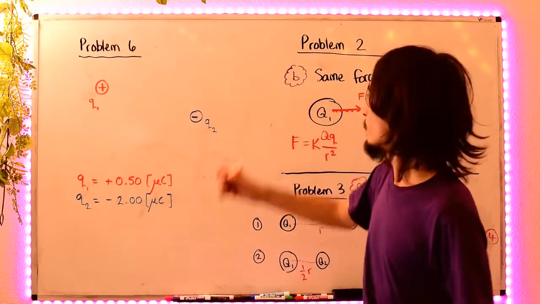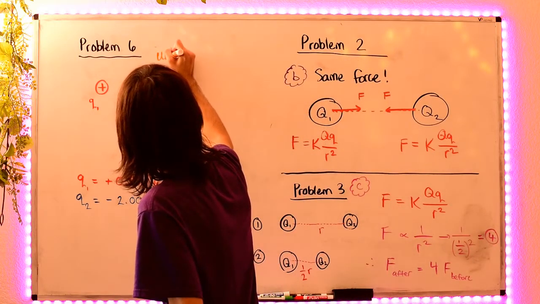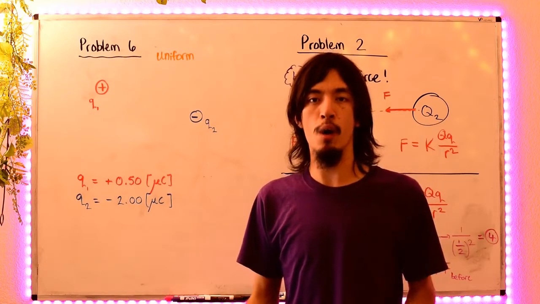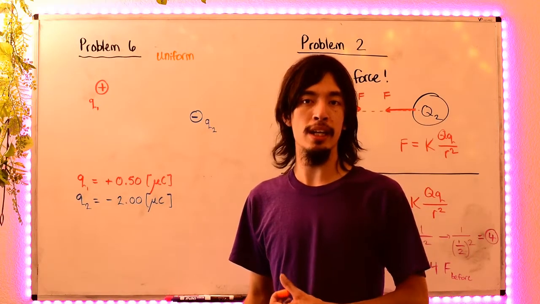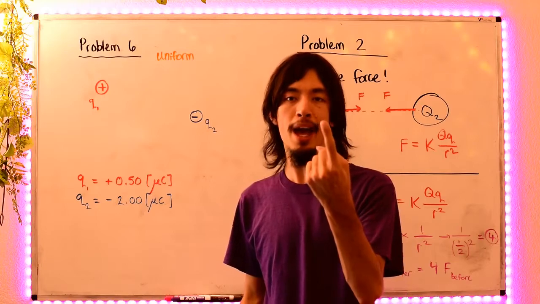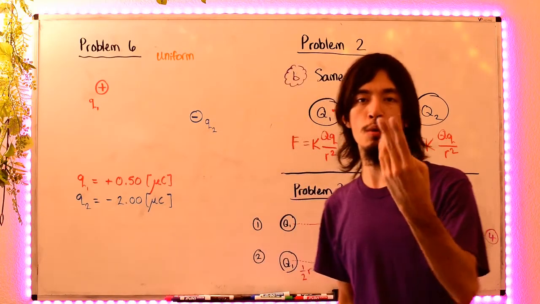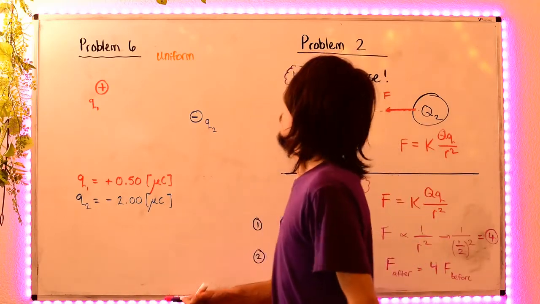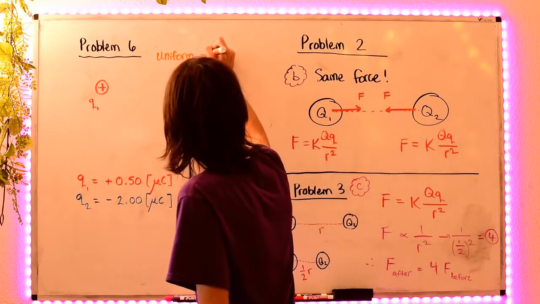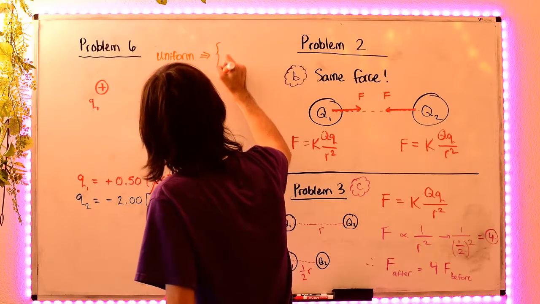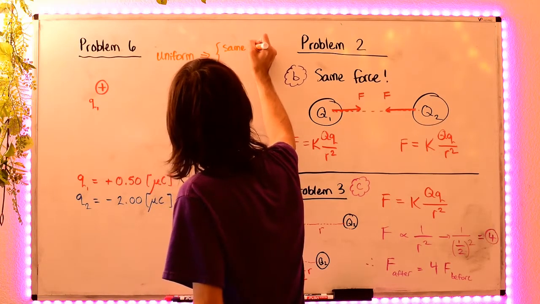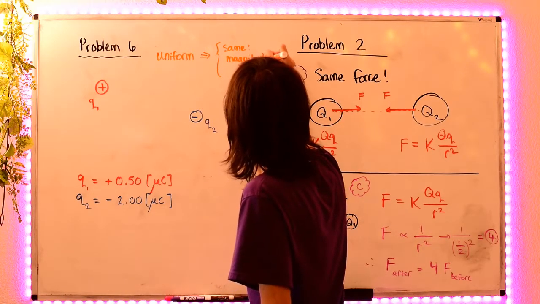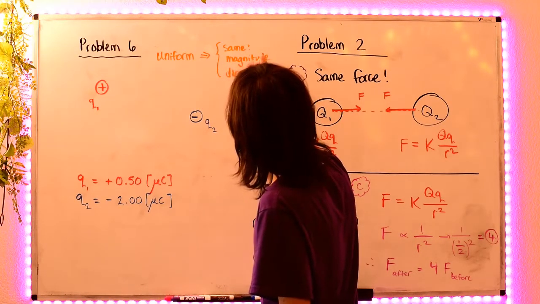The word uniform, in terms of anything that is a vector quantity. So a vector quantity meaning that we have something that has a magnitude and a direction. So electric fields have a magnitude and a direction. So uniform implies that it has the same magnitude and the same direction everywhere.